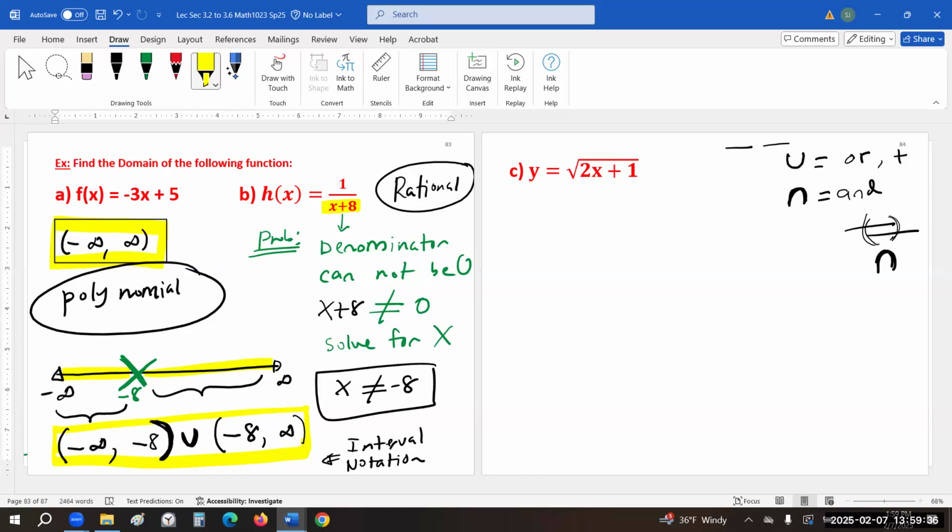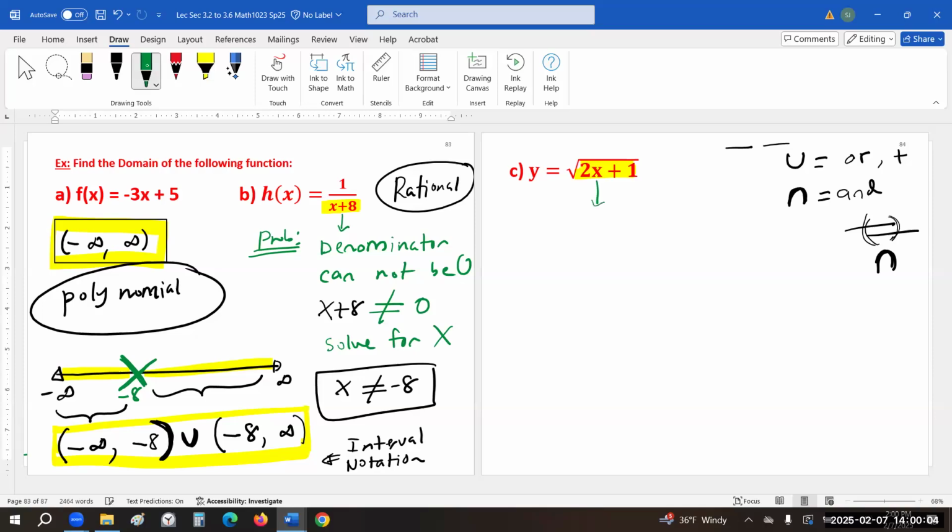Okay, now comes the last problem. What type of problem do we face when we deal with even root, like square root? What can we not have inside the square root? A negative outcome. So in here, what we have right now is this thing, 2x plus 1.